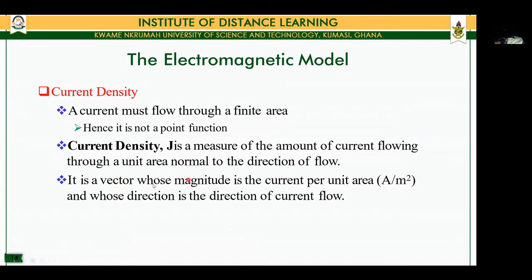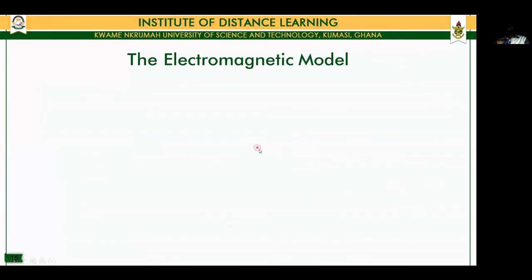So the magnitude of the current density is current per unit area, or ampere per meter squared. That's how it is measured. So these are the source quantities. The source quantities are what? Charges. And when they move or vary with time, they constitute current. It may be a current density or just simply a current. And these are the source quantities.